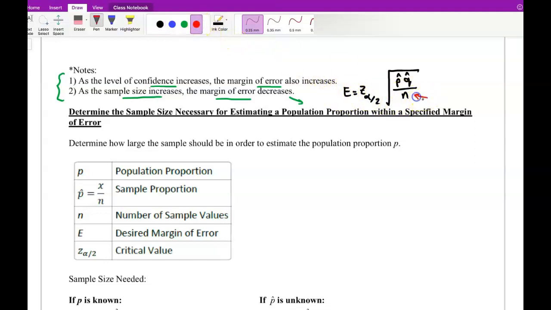If this one decreases, since this is in denominator and this one is on top, this will increase. And vice versa. So if the error increases, that means sample size decreases.